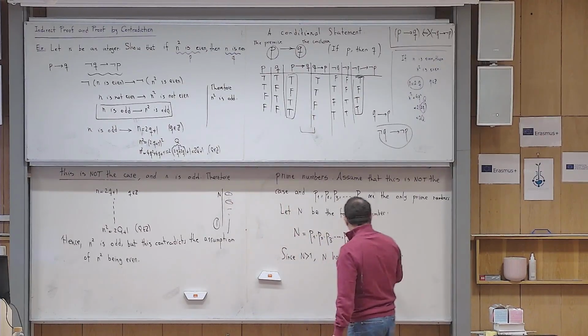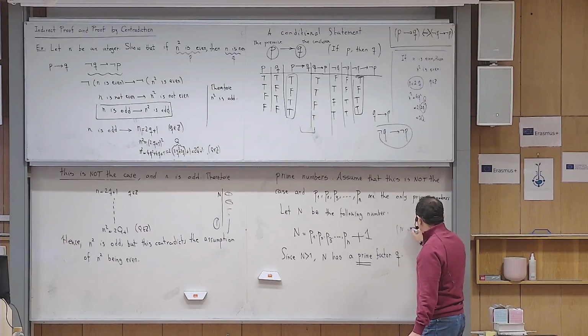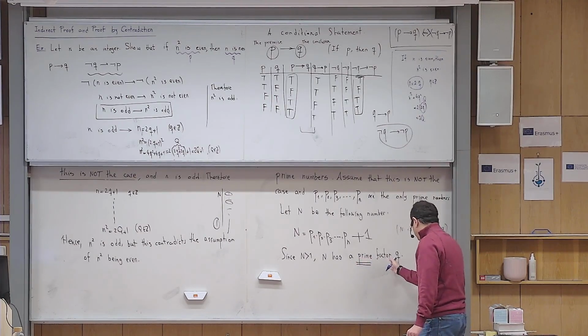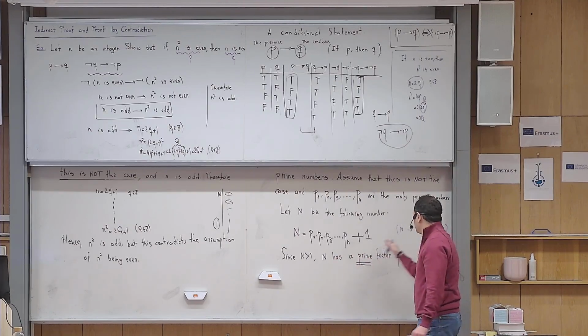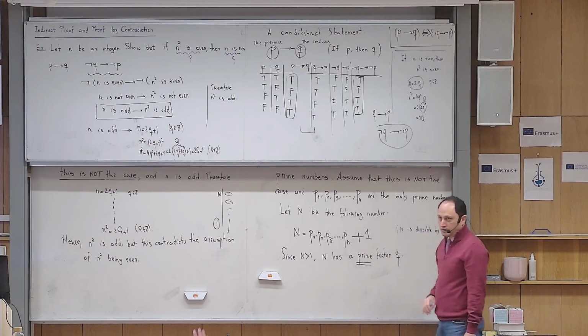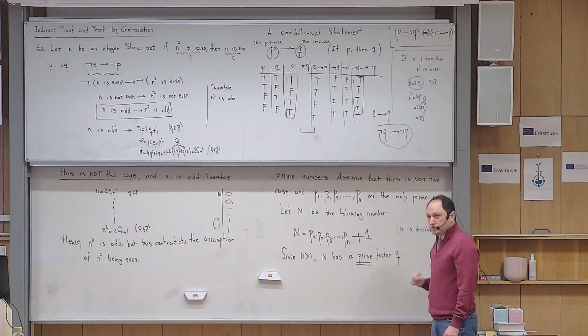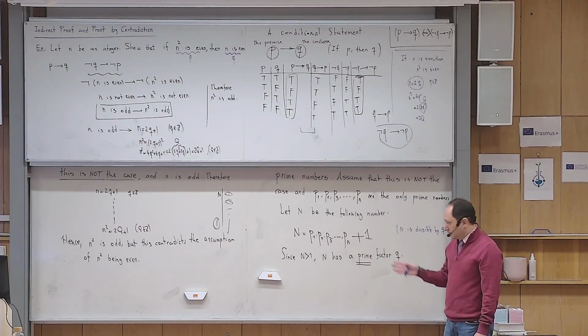So n is divisible by what? q. When you say q is a factor of n, it means n is divisible by q. Yes? Is q all of the previous prime numbers? That's the point. We know that q is a prime.